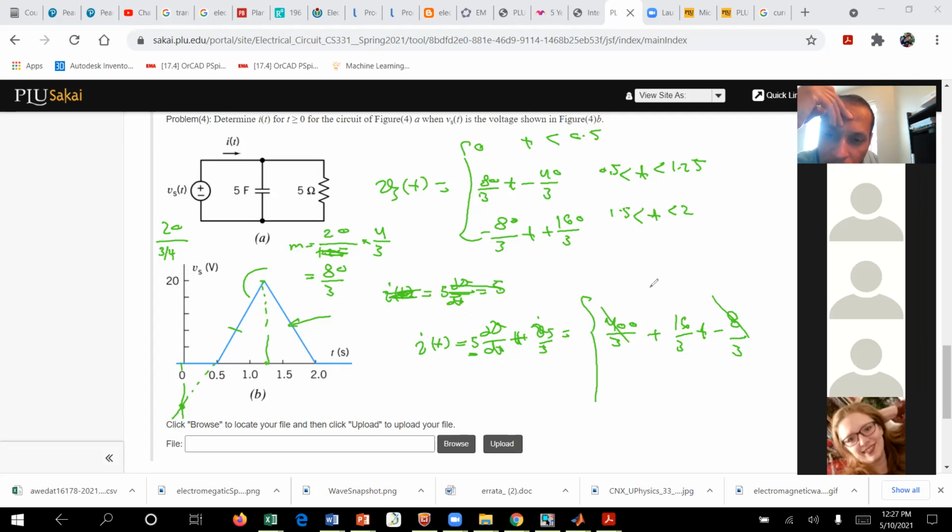Okay, so if you want to compare with your numbers, 392 divided by 3. How much did you get? This is your number if you want to compare. And 16 divided by 3, this is my final number. It's correct.